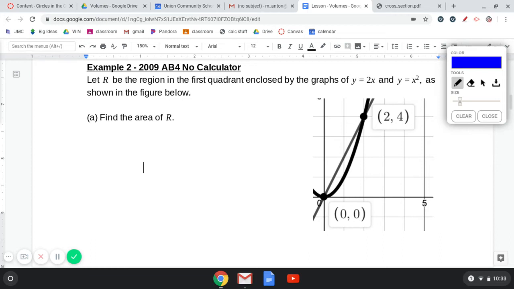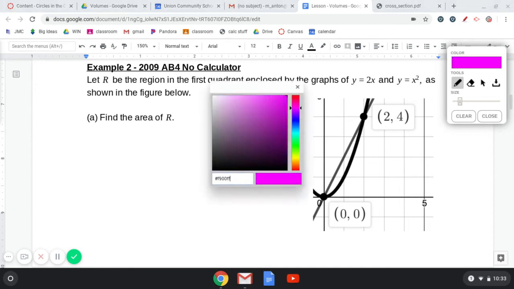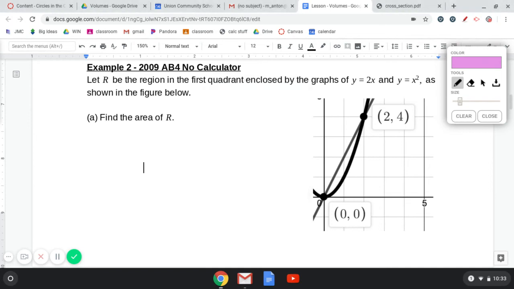Okay, so for this one, we're going to find the area of R. This one is a little bit different because we don't have this bounded by the x-axis. Because remember that the definition of an integral is the area between the curve and the x-axis. So the area under, we got y equals 2x.